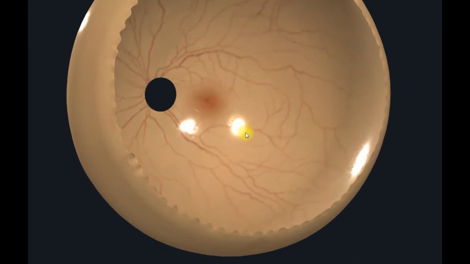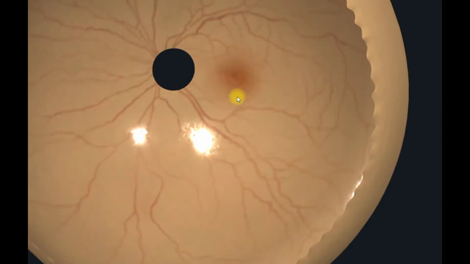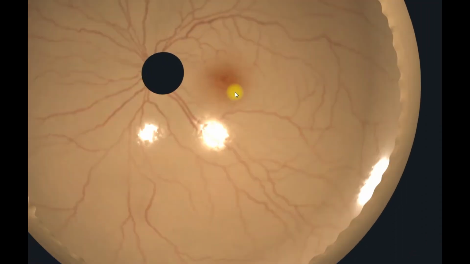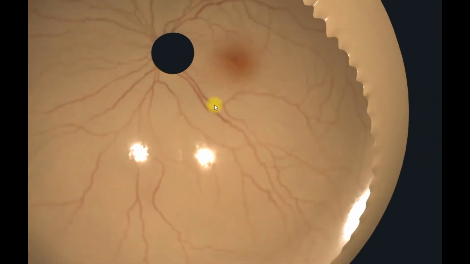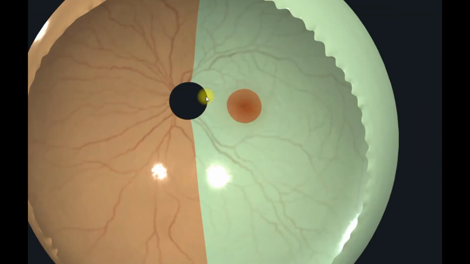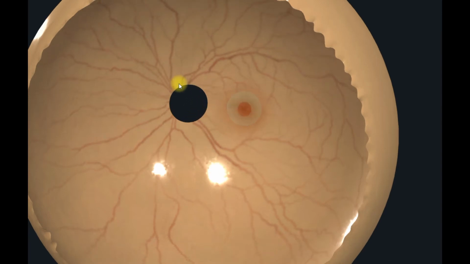It is the area of most acute vision, meaning here we have fewer layers of the retina, so light passes immediately to the cones. Also, these two points are called the place of better vision, the fovea centralis or yellow spot or macula lutea, and the blind spot, which we call the optic disc.